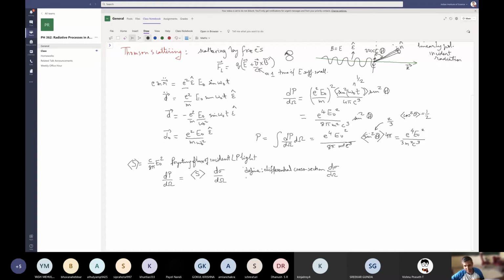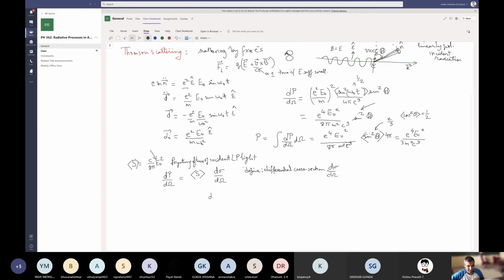This is actually a definition, and it is like the size of the scatterer in some sense. Okay. Now this is the scattered dP d omega, and this is the incident Poynting flux. So all we have to do in order to calculate d sigma d omega is take the ratio of this and that.